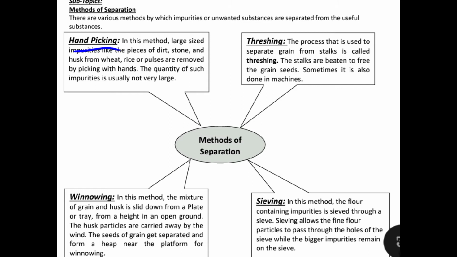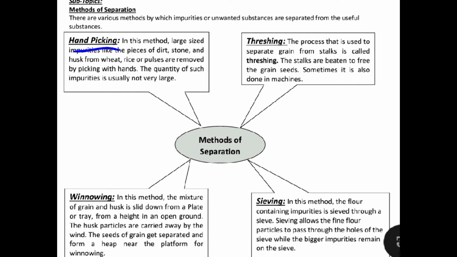In the method of hand picking, large sized harmful substances or impurities, like pieces of dirt, stones, or husk from wheat, rice or pulses, are removed with the help of our hands. We pick those substances with our fingers and remove them, and then the useful substance remains.